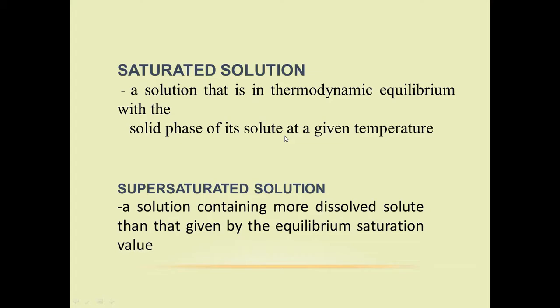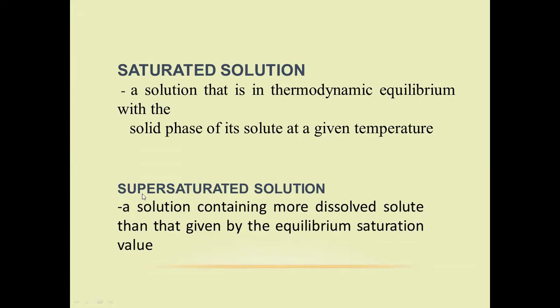Now, once we deviate from this maximum amount of solute that your solution can carry at specified condition, we have what we call the supersaturated solution. It carries with it already more solute than what it can carry at normal condition, or at equilibrium saturation condition.